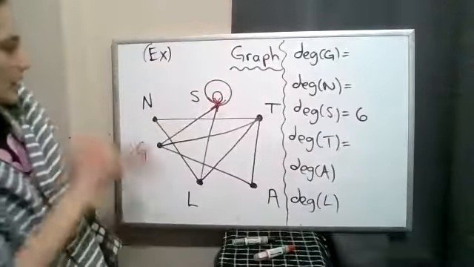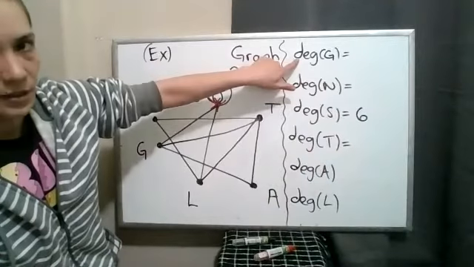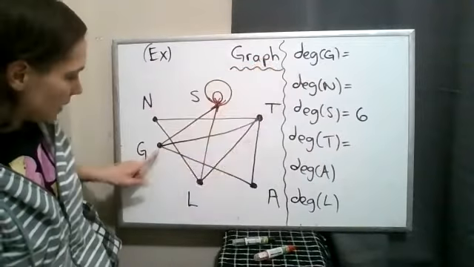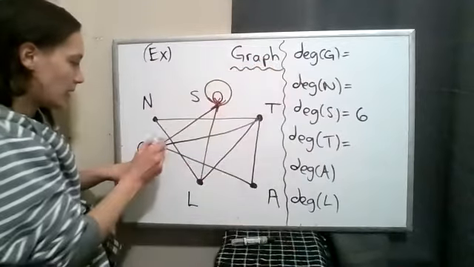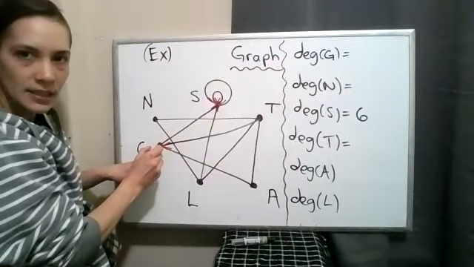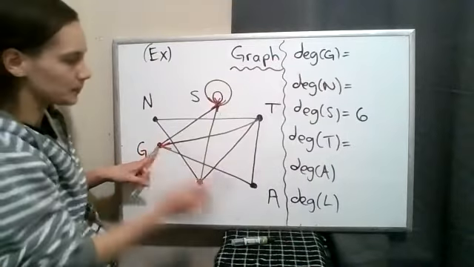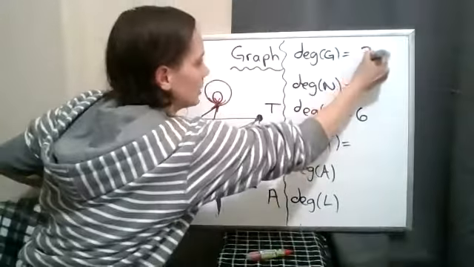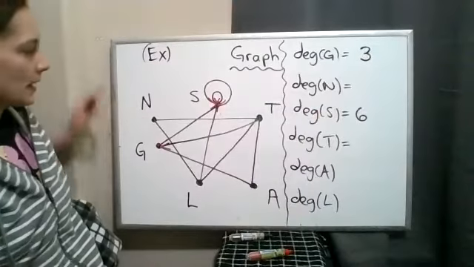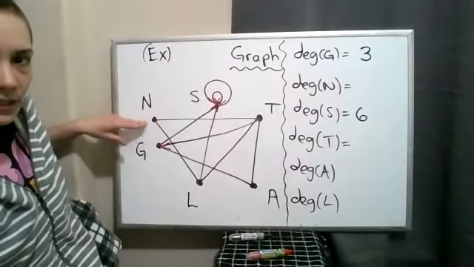Cool. Now let's find the degree of G. Right there. There are 1, 2, 3 edges connected to G, which makes this degree 3. N is right here. Its degree is 2.